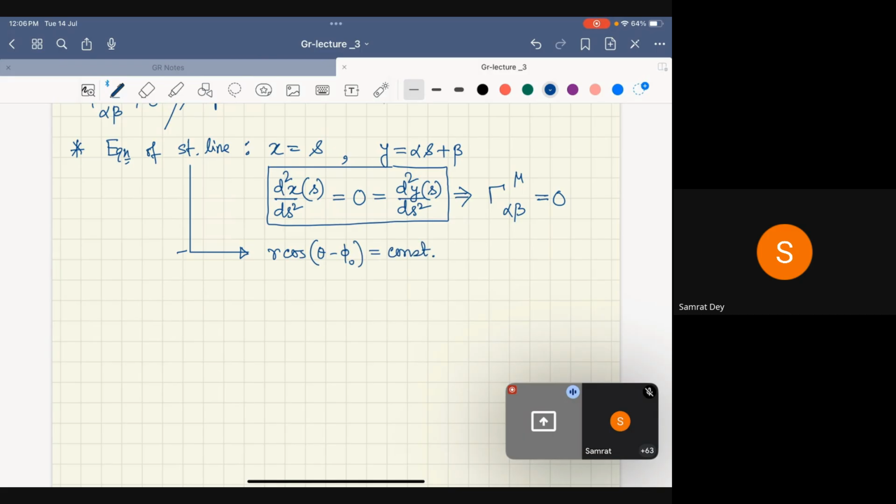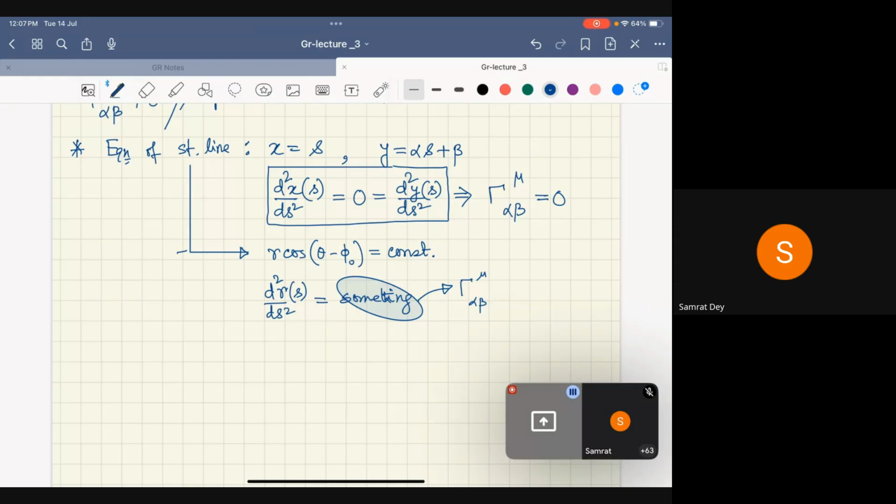This equation represents the equation of a straight line, and immediately you will arrive at the equation d2r ds2, which is not 0, rather it is some non-zero number or some expression, and this something is nothing but your gamma mu alpha beta.